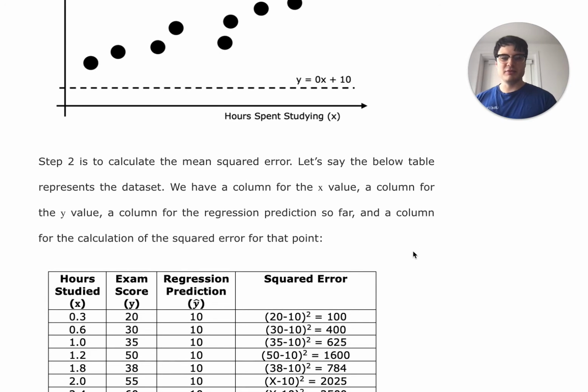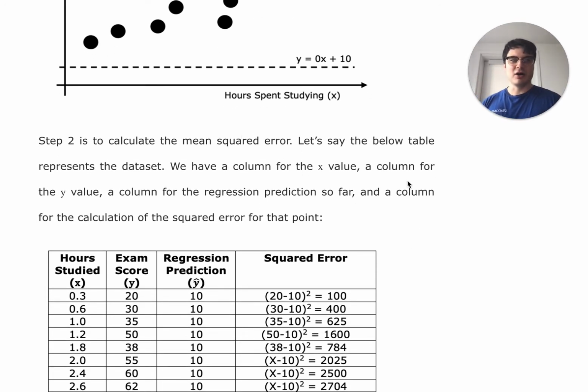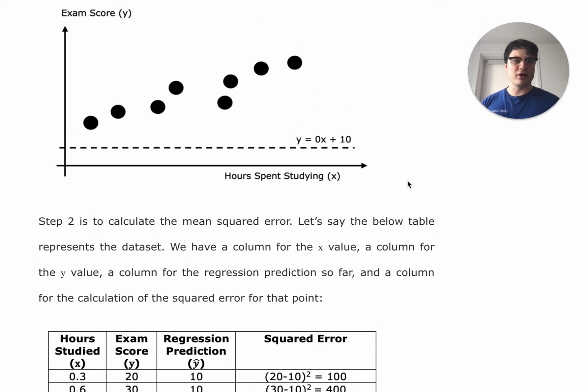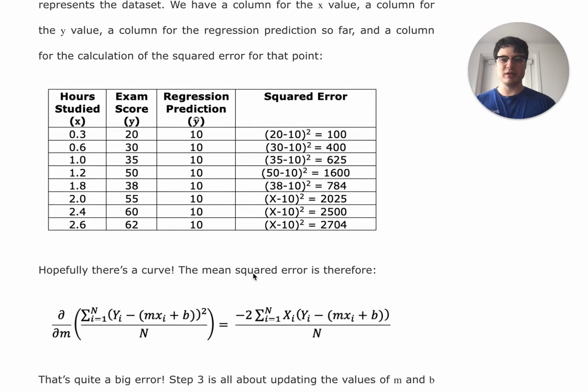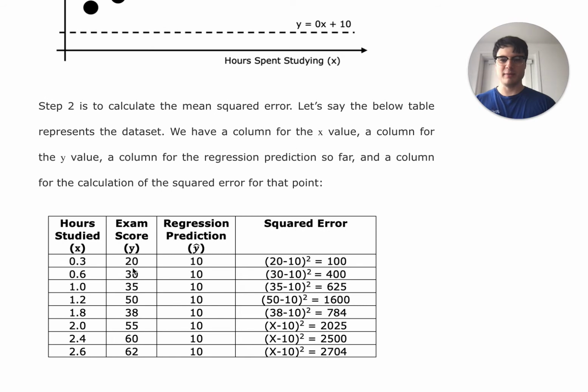So step 2 is now to calculate our error function, often called a loss function or objective function. In this case, we're going to use mean squared error, which is the difference between the predicted value and the true value, squared. So we see in this table that we can predict all those values.